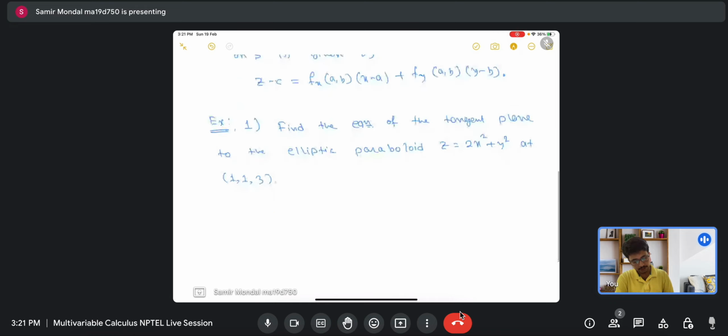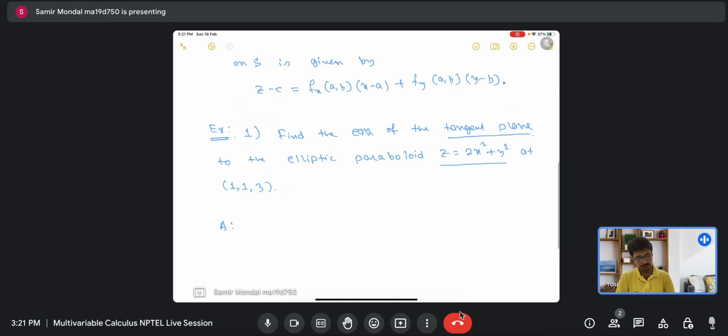So what is the question? You have to find the equation of the tangent plane to the elliptic paraboloid z equal to 2x squared plus y squared. This is your surface S given by this function.